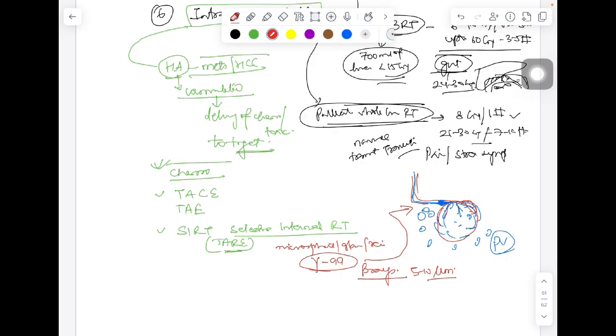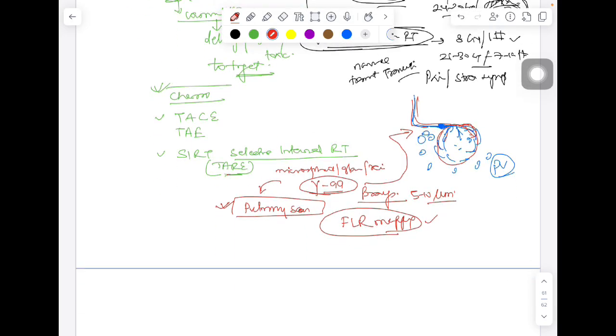Now before giving this yttrium, we check, because the hepatic artery is the sole supply, it can carry the yttrium through the hepatic vein to the lung. So we look for the activity on a pulmonary scan. It should not be high, otherwise there are chances of toxicity. And we can also do FLR mapping, how much functional liver is staying. So this is about SIRT.